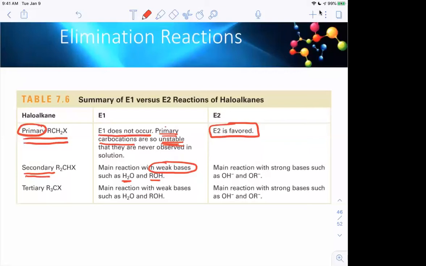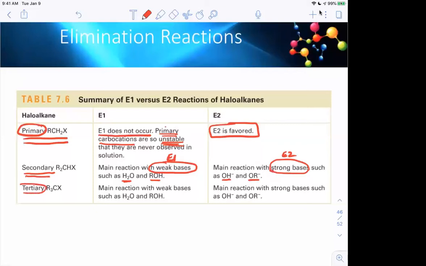However, if I have a strong base, such as hydroxide or alkoxide, I'm going to get elimination, but now the reaction is going to proceed through E2. So E1 happens with weak bases, E2 happens with strong bases.